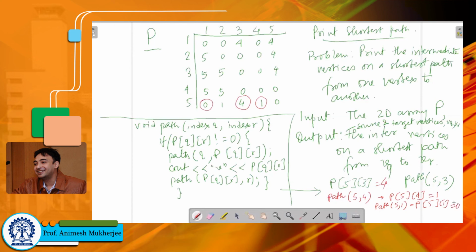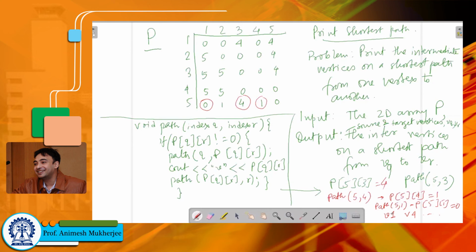Now we have to stop here and keep on popping up the recursion stack, and therefore we get to print V1 and V4 consecutively. Then you will go to the other side of the path call and you will see that all of them are yielding zeros, and therefore you do not need to print anything else.